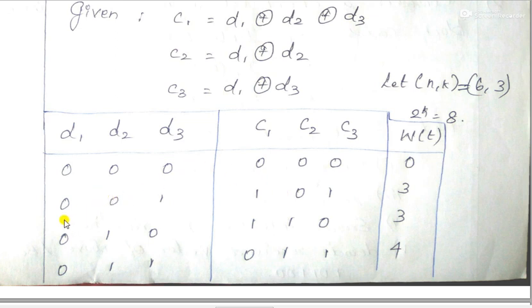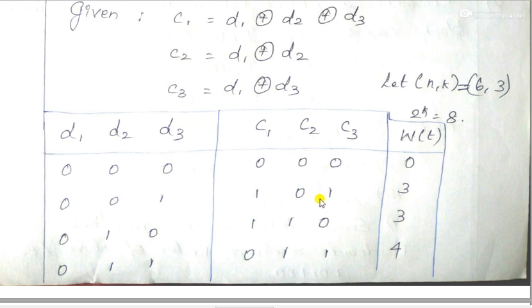Now we take the message 0 0 1. We can find the value of C1: D1 is 0 plus D2 is 0 plus D3 is 1, so 0 plus 0 plus 1 is 1, so C1 is 1. C2 is D1 0 plus D2 0, so 0.